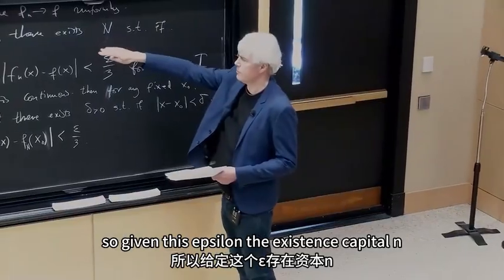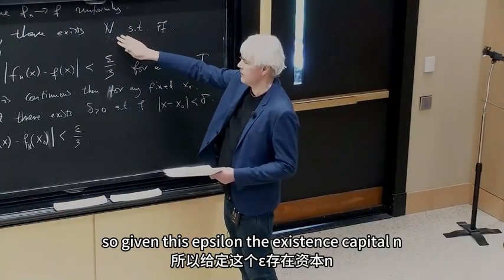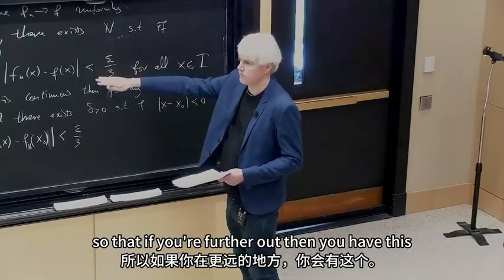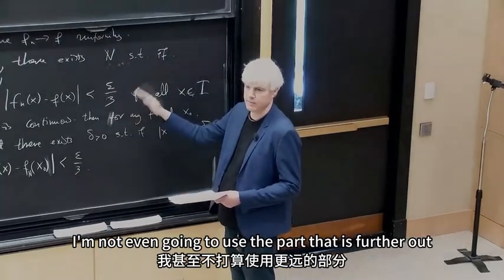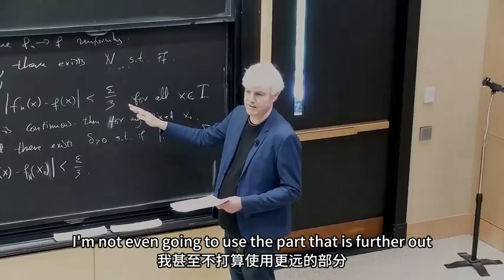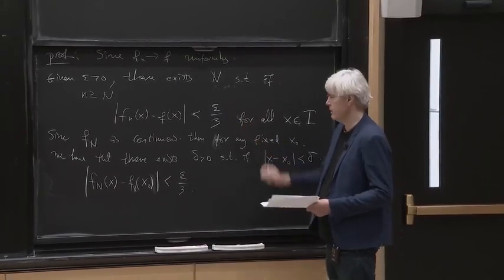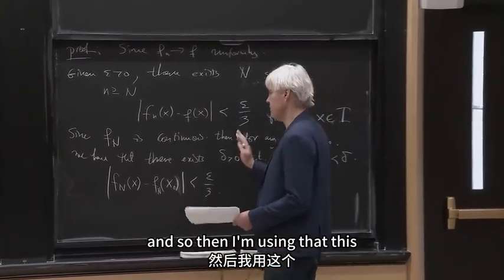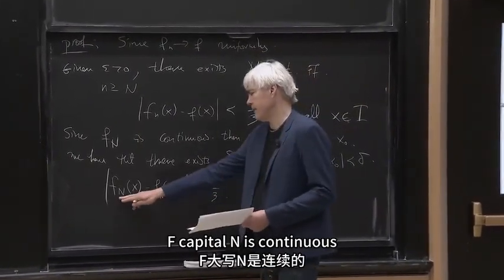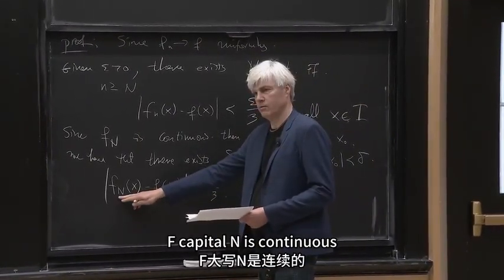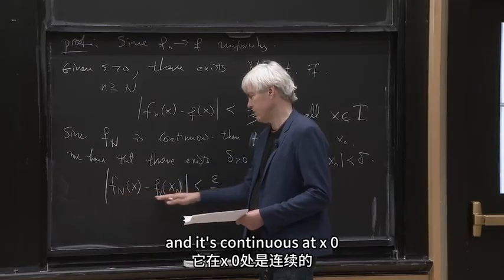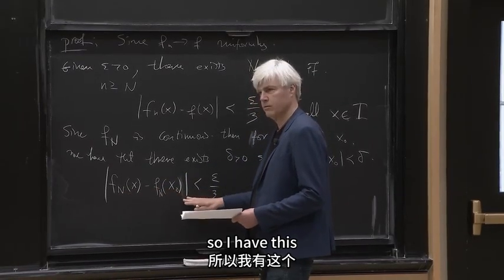So given this epsilon, there exists this capital N, so that if you're further out, then you have this. I'm not even going to use the part that is further out. I'm just going to pick this capital N. And then I'm using that this f capital N is continuous at x0, so I have this.